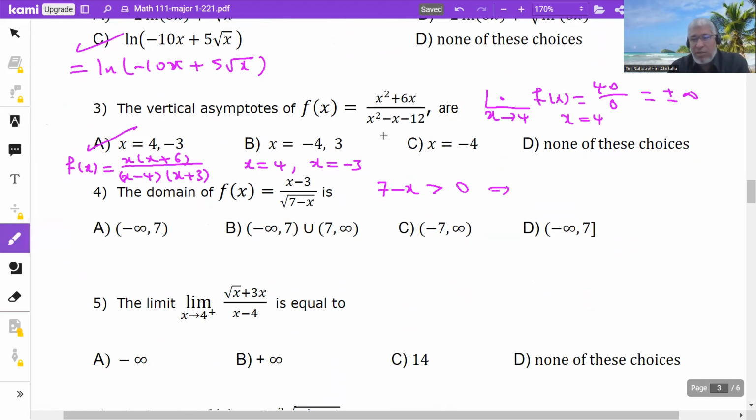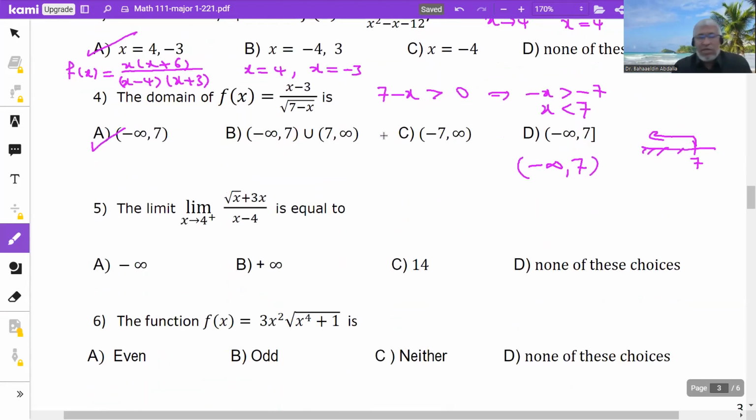Solving this inequality, if you take 7 to the other side and then multiply by negative 1, because of that you need to change the direction of the inequality, the answer is x less than 7. So it's from negative infinity to 7, and 7 is open because there is no equality here. So the correct answer is this one, from negative infinity to 7.